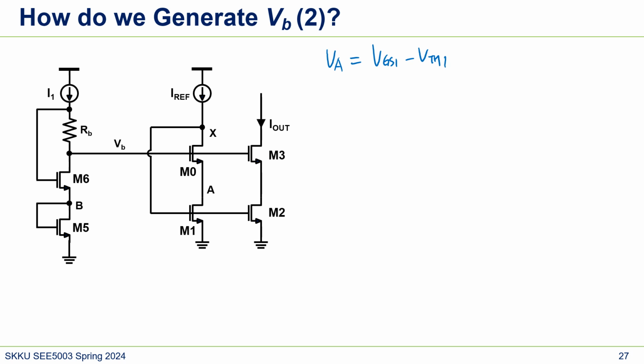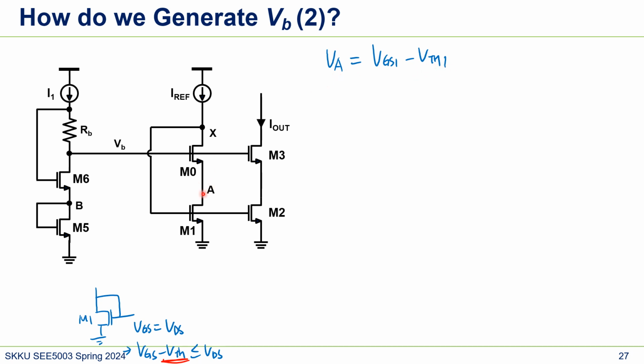We don't want this voltage too high, because if we make it a diode connection, the VDS and VGS become the same, and we're wasting VTH. Let me just bring it up again. If we use diode connection, then VGS is equal to VDS, but what we want is VGS minus VTH for VDS. So we're kind of wasting this amount, right? VDS is too high in this case if you use a diode, so we don't want to use it. So we want this voltage A to be less than VGS by the amount of VTH.